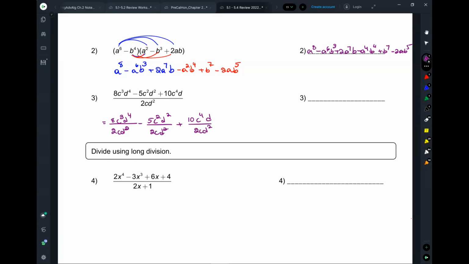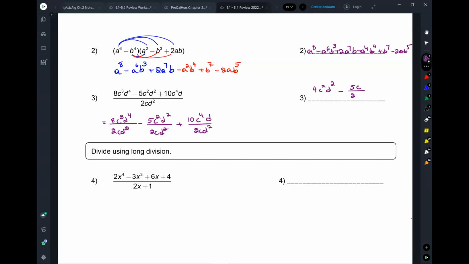Okay. So first thing, I get 4 c squared d squared, and everything stays on top. That's it. Minus, now I have 5 over 2. That stays as 5 over 2. What do I do with the exponents? 2 minus 1, that's a 1 on top, and the d squares go away.